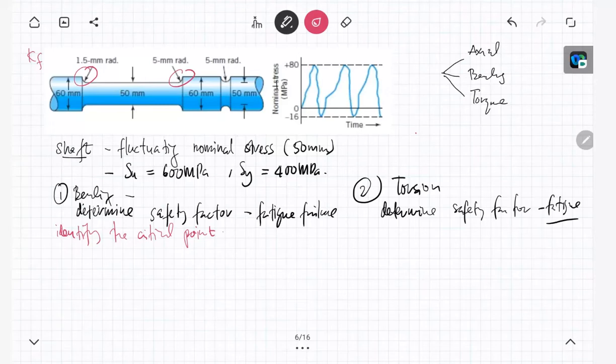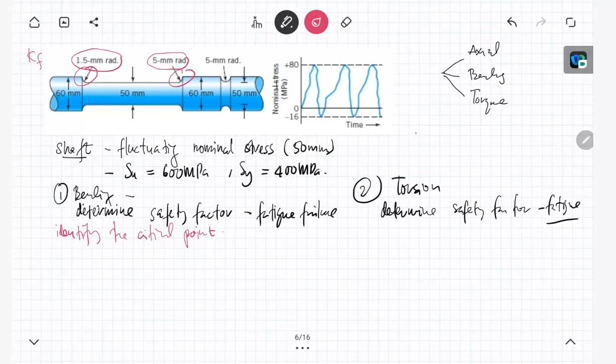Either you compare, or if you see that this value is larger than this value, which is the critical one?